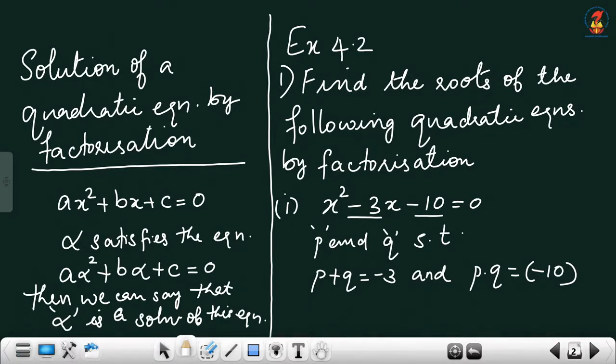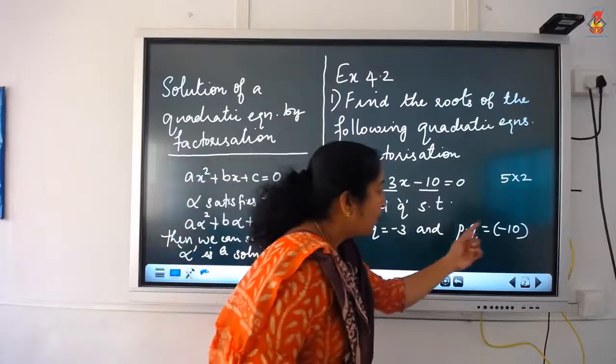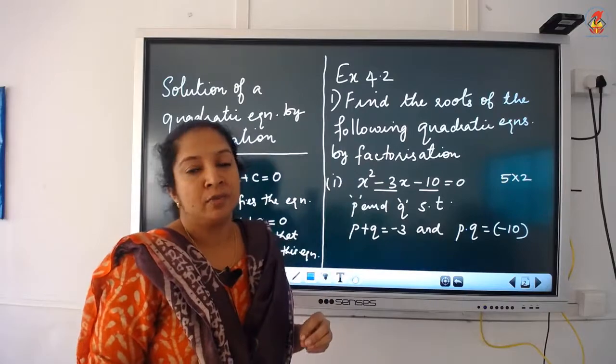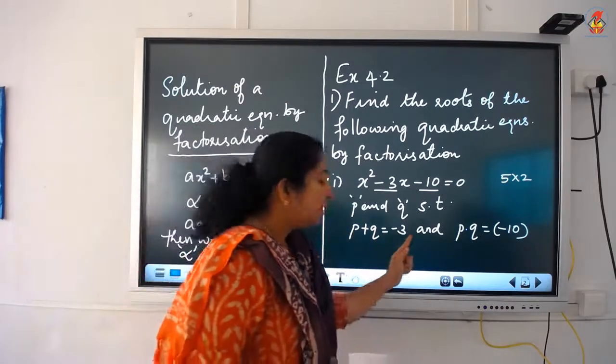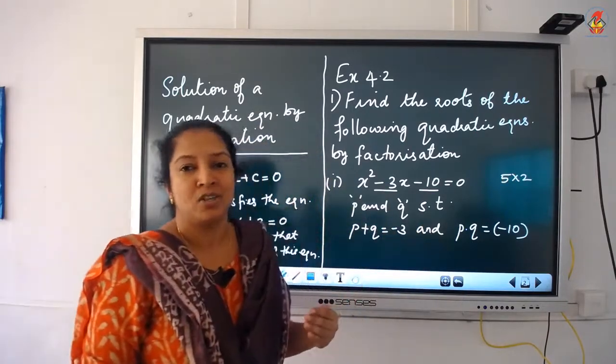So start here. P into q is 10, and 10 is 5 into 2. Then how can you identify the negative sign? Product negative means one of the numbers should be negative, and sum negative means the bigger number should be negative.